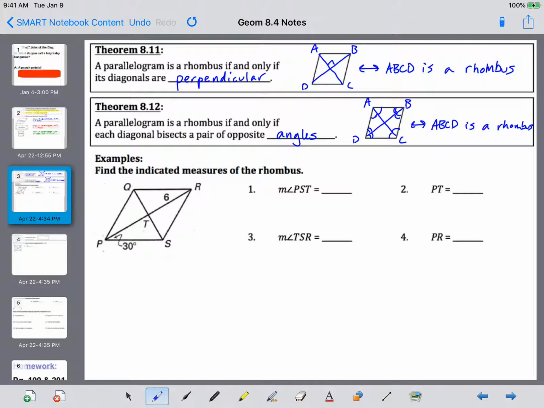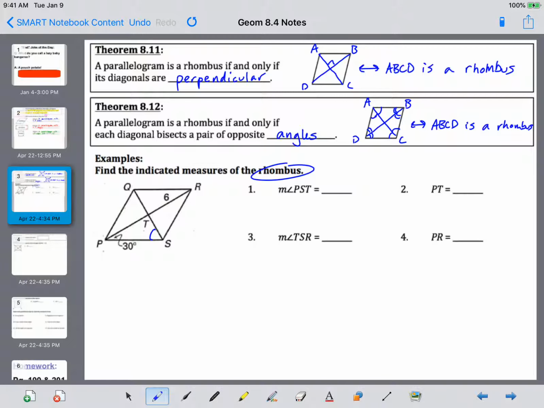Let's use those theorems to find some missing lengths and angle measures in examples 1 through 4. The first thing we're going to find is angle PST. We can use these two theorems because they tell us this figure is a rhombus. The measure of angle PST is this angle right here.